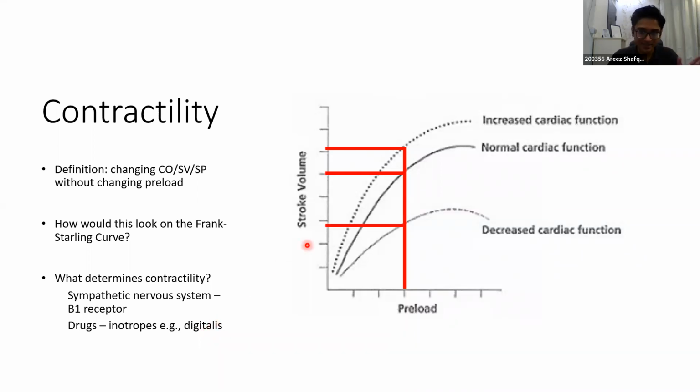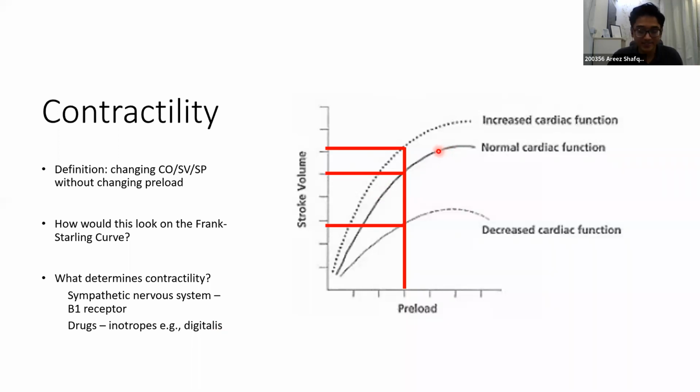So in the exam, they can give you a scenario where they show you this curve of normal cardiac function. They put a point here called A, another point here called A2, and another point here called B. They will ask what would change A to A2, or what mechanism this shows.